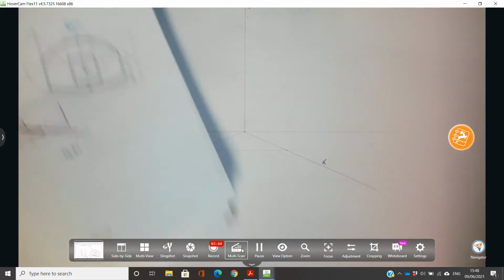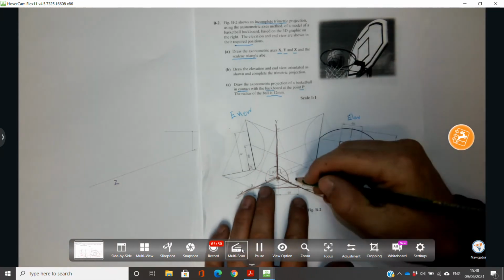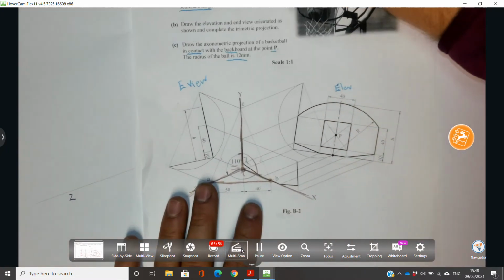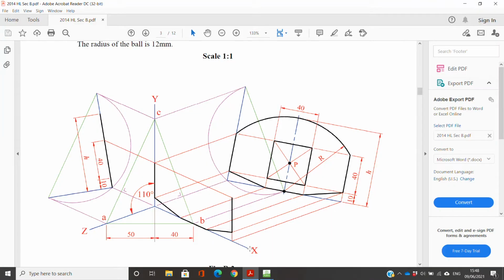Now, the scaling triangle. They give you the key information for doing this. If you look at the question here, the z-axis is at 90 degrees to line CB, line AC is at 90 degrees to the x-axis, and line AB is at 90 degrees to the y-axis.